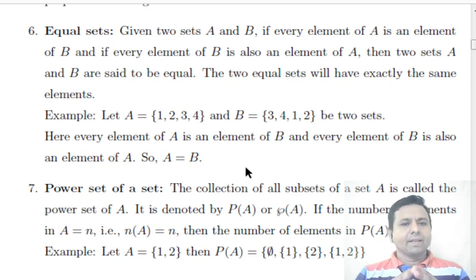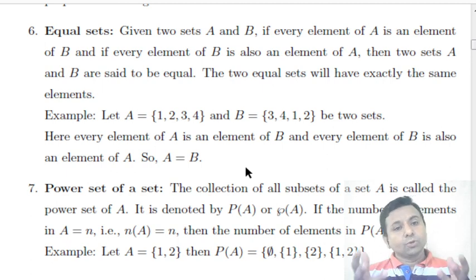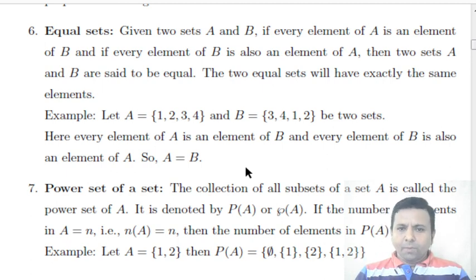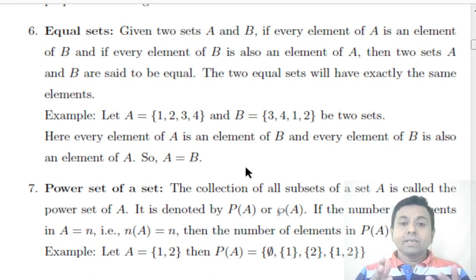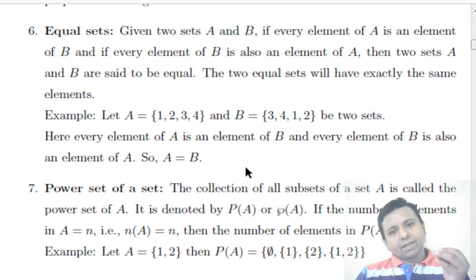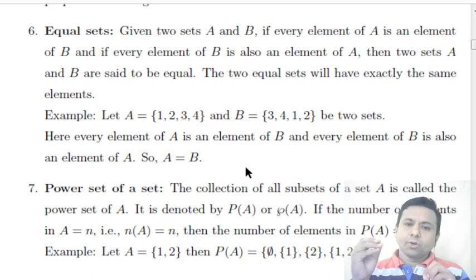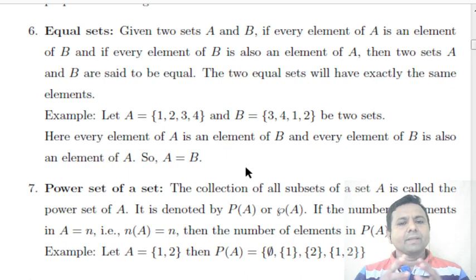Here we have an example: A equals {1, 2, 3, 4}, B equals {3, 4, 1, 2} are two given sets. Obviously you can see that 1 lies in B, 2 lies in B, 3 lies in B, 4 lies in B. So every element of A lies in B and every element of B lies in A. That means here A and B are equal sets.